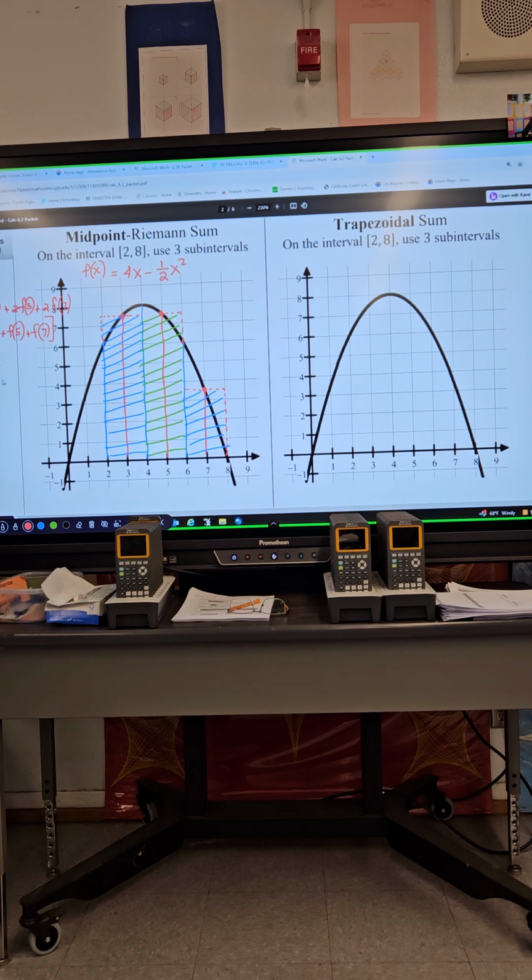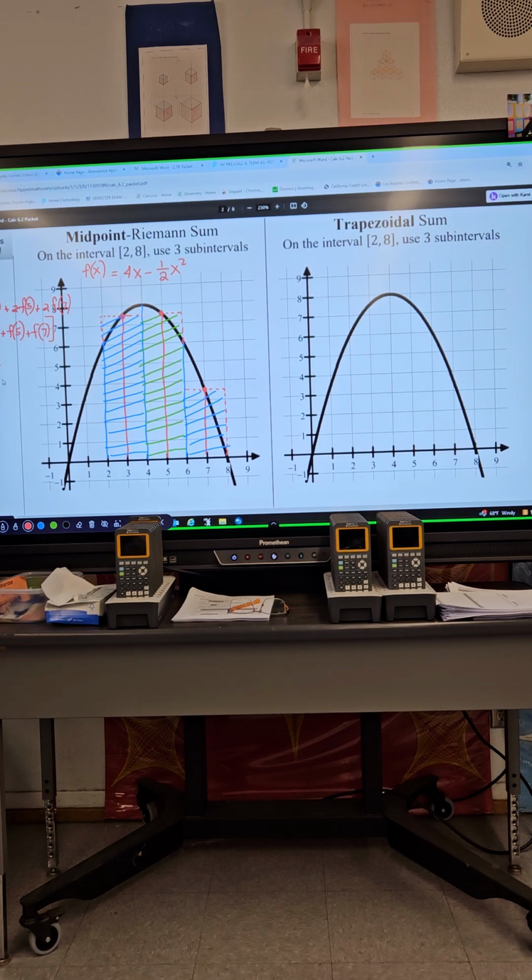Plus the next value, 5. That means plug in 5 right here. 15 and a half, which means this is 25 over 2. Then 20 minus 25 over 2.